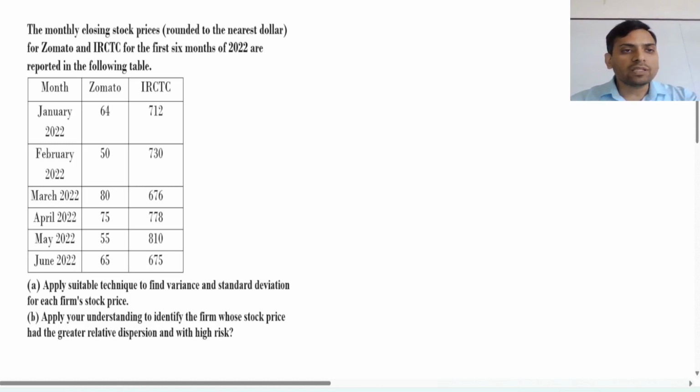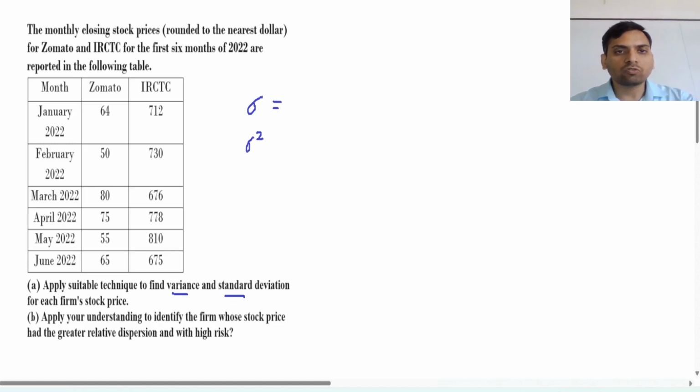We have these two columns, first Zomato and second IRCTC, and in the first part you need to find variance and standard deviation. Standard deviation is denoted by sigma and variance by sigma square.